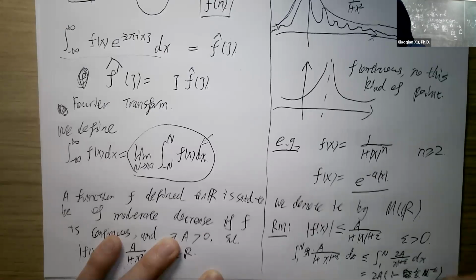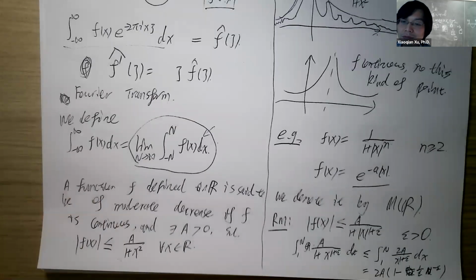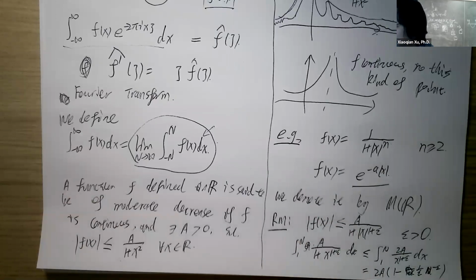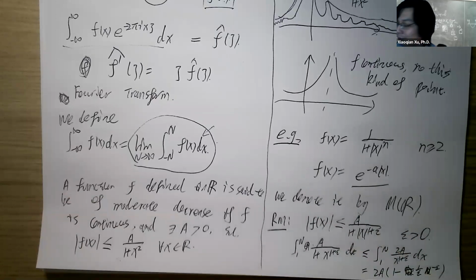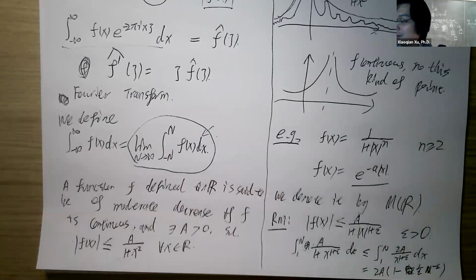I'm sorry, you plug in n. And this guy, if you take n goes to infinity, will equal 2a over epsilon, which is something bounded, right? So the limit exists. So which means it's still bounded. So if you are interested in this kind of function, your function will still satisfy this, the limit is still valid, right?